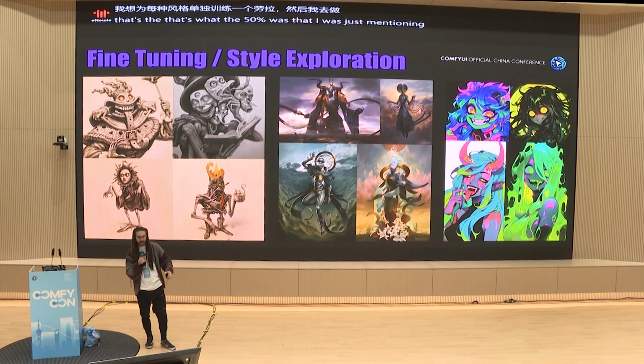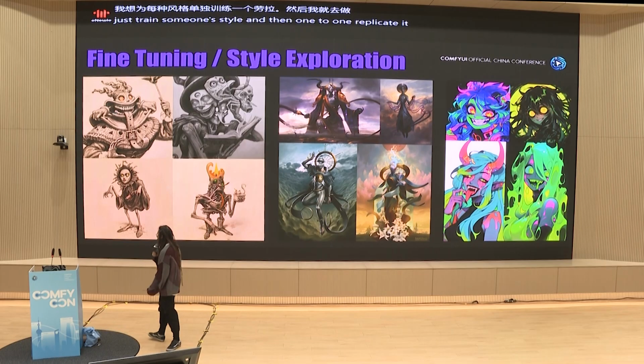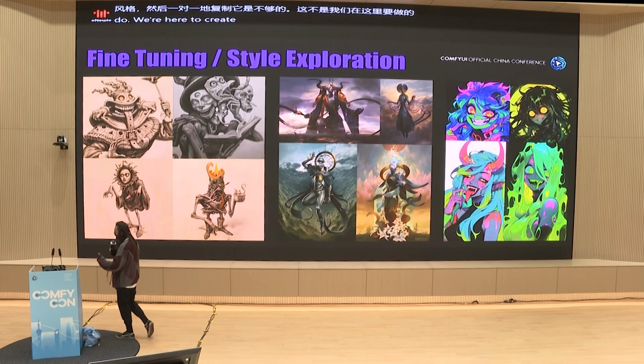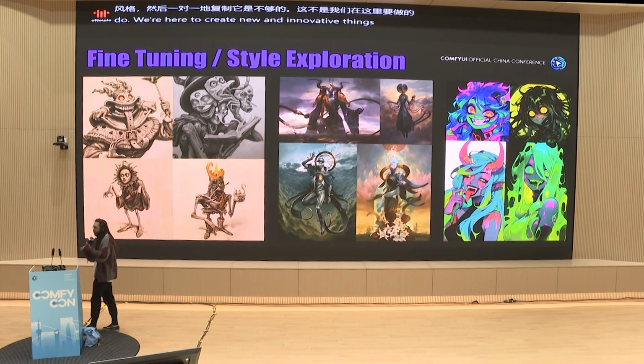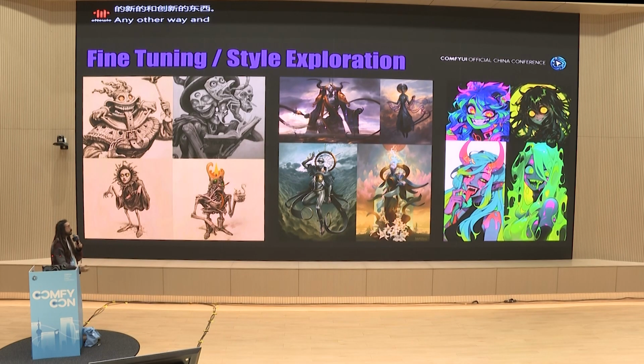It's not good enough to just train someone's style and then one-to-one replicate it. That's not what we're here to do. We're here to create new and innovative things that cannot be created any other way, and AI being that thing that can help us. So, style 1, style 2, and style 3.